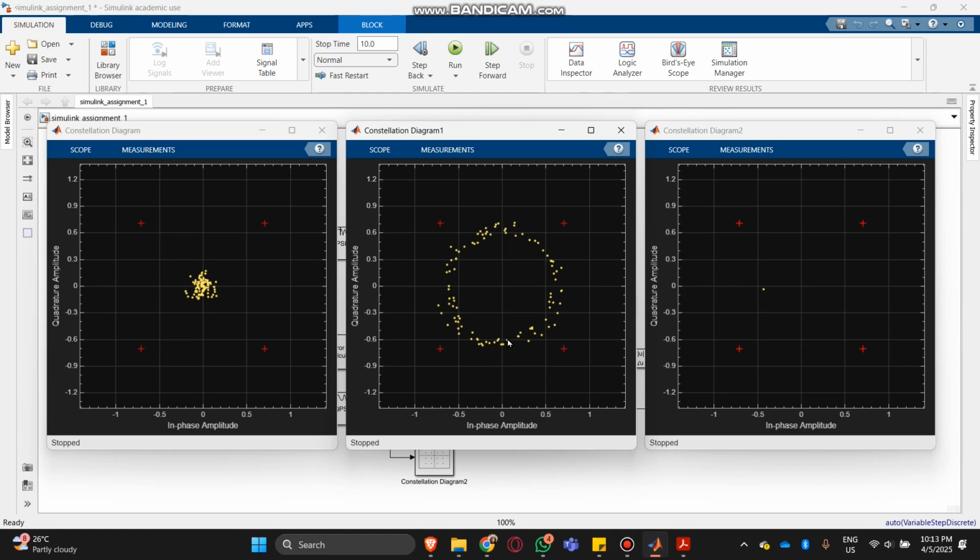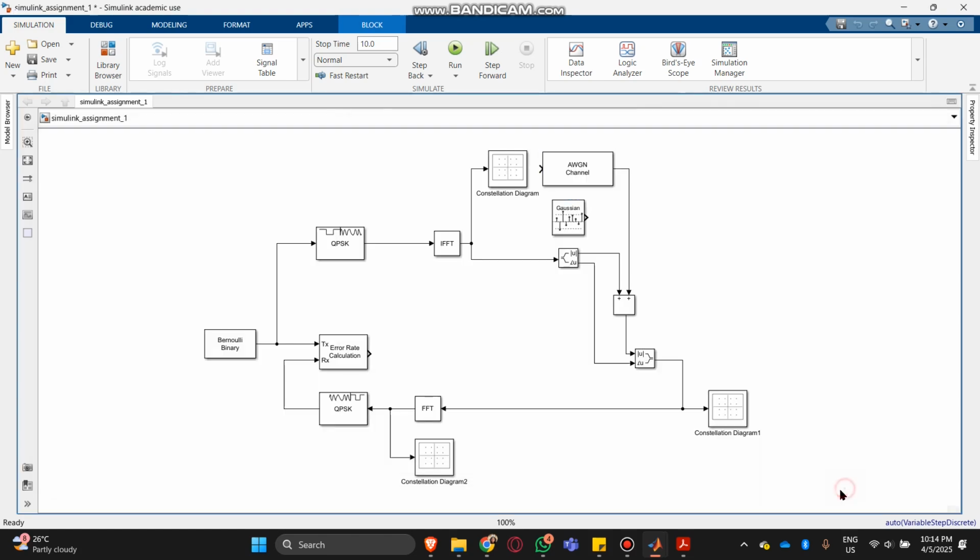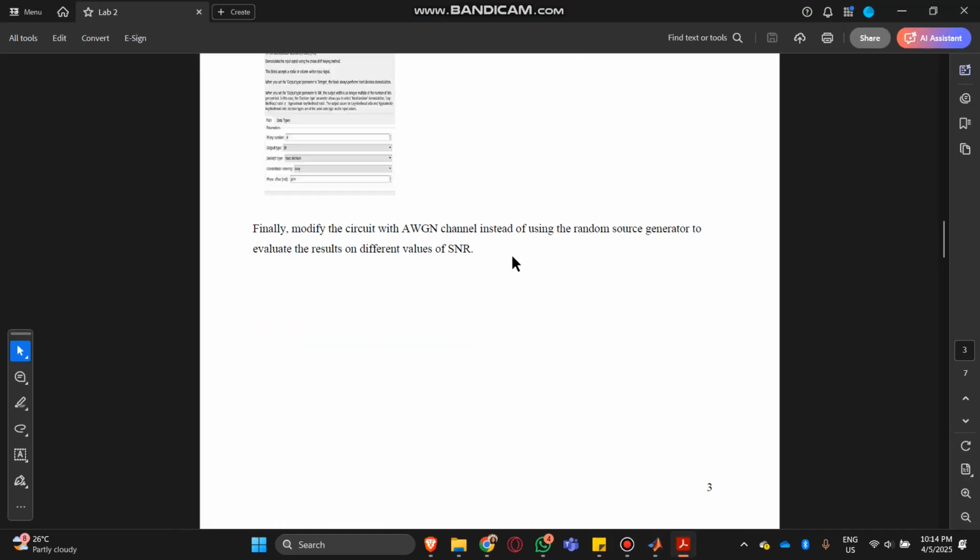Sorry, the noise dissipates slowly. After that, at the end of the circuit, the noise will disperse completely until just a few dots, just a little bit of noise remains. All right. Okay, that's all.